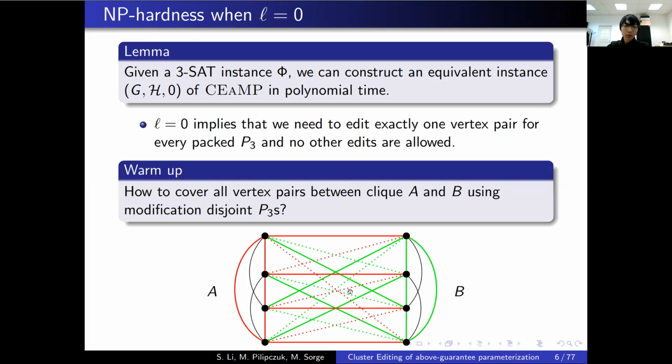And we can see that after covering all the vertex pairs between A and B, if we want to separate A and B, we need to delete 8 edges between A and B. If we want to merge A and B, we have to add 8 edges between A and B.